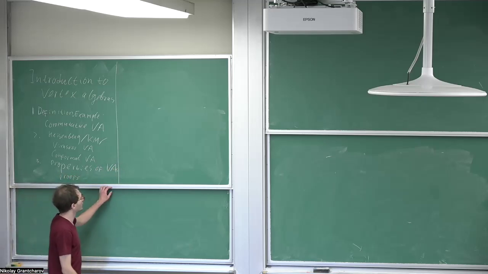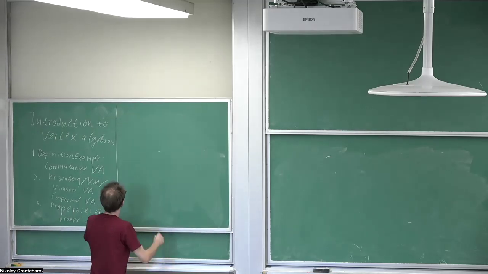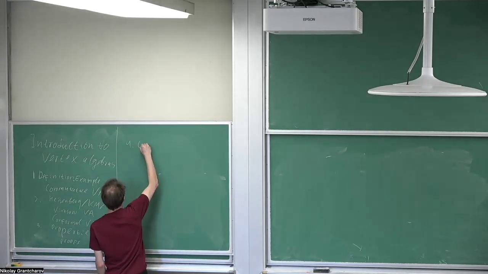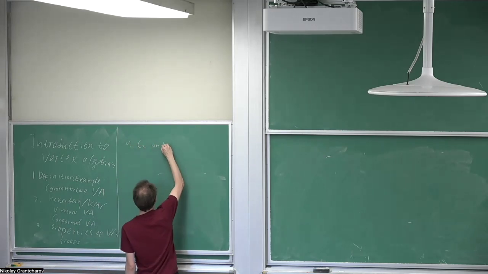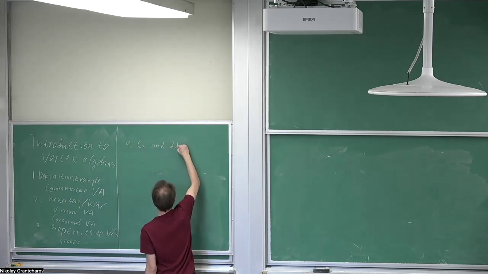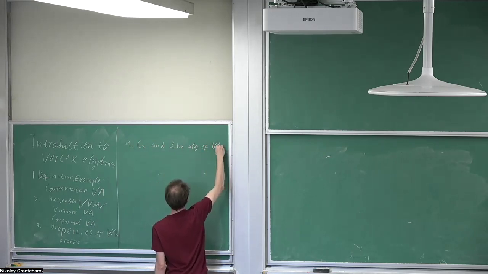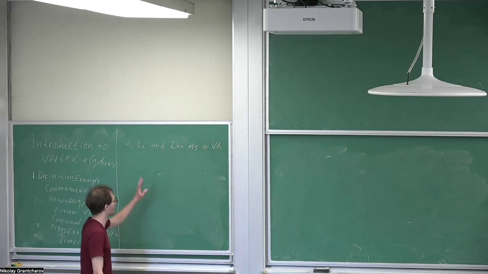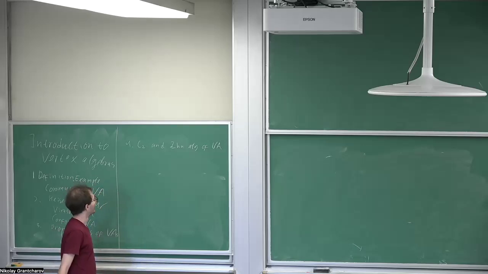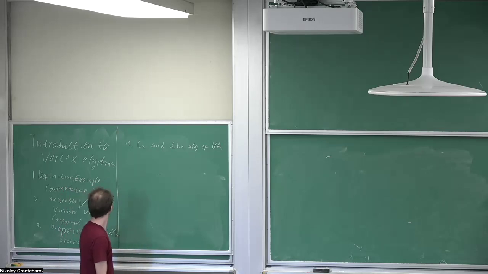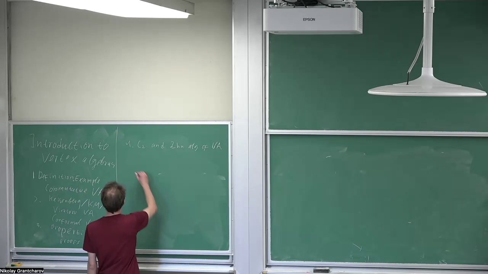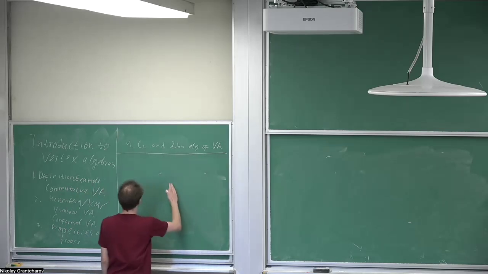And finally, we'll talk about C2 and Schur algebra of vertex algebra. And here there will be no proofs at all. But I think for an hour and 50 minutes it's more than enough. So let's start.